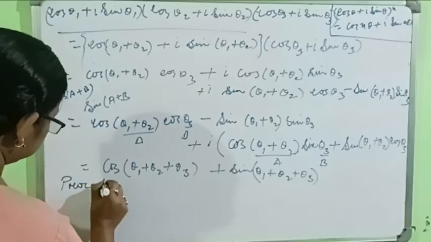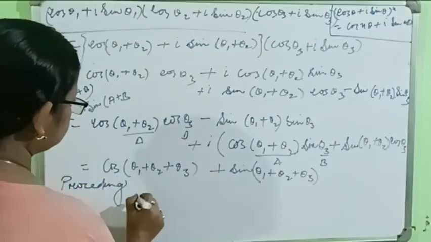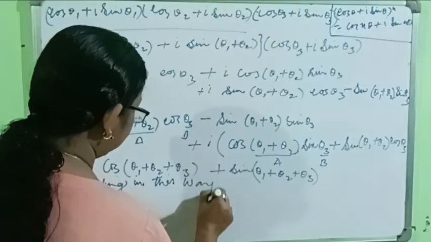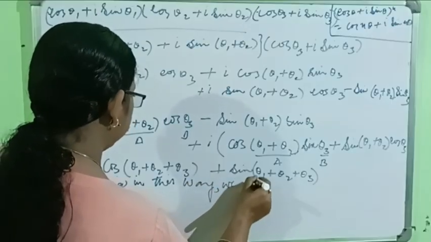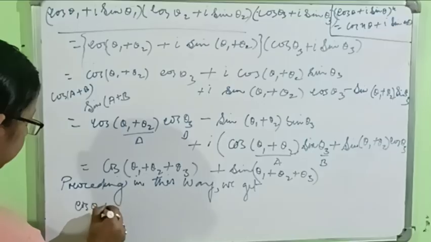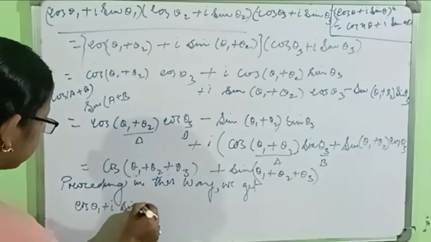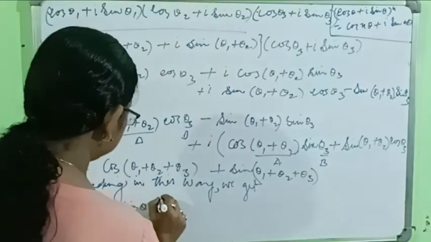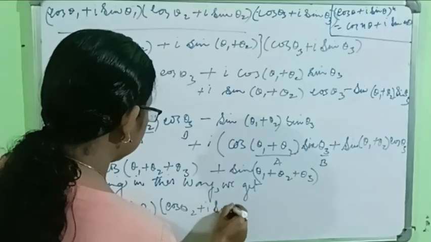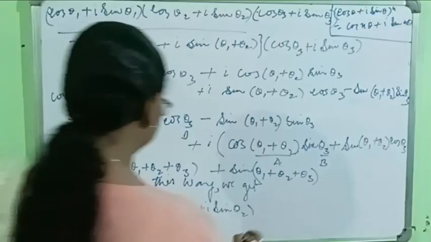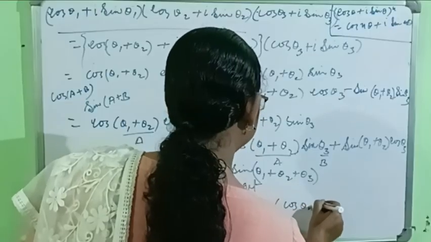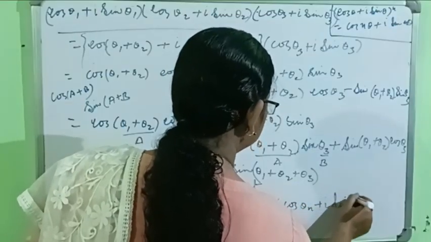Proceeding in this way, we get (cos theta 1 plus i sin theta 1)(cos theta 2 plus i sin theta 2) up to (cos theta n plus i sin theta n).